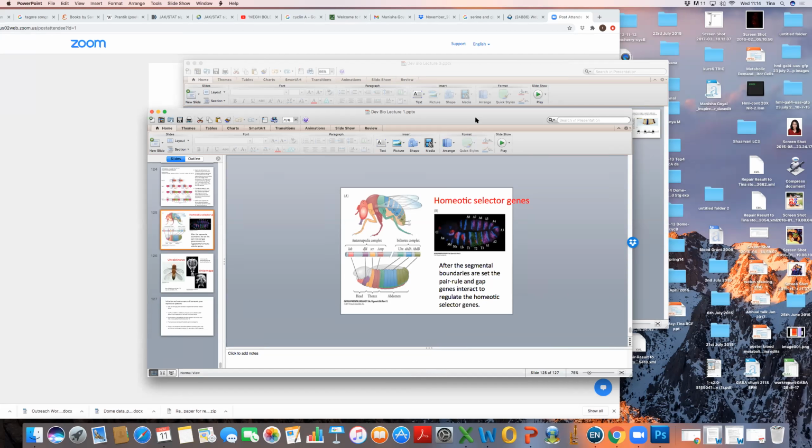What I would like you all to do is read the screen paper and understand how they did the screen. What were the steps involved in doing the screen?